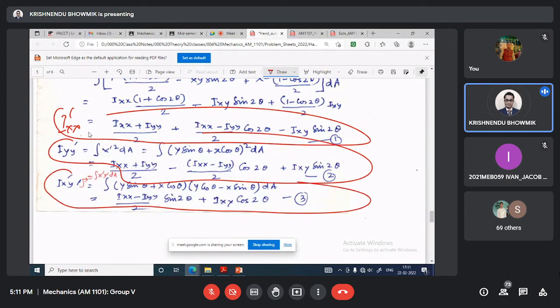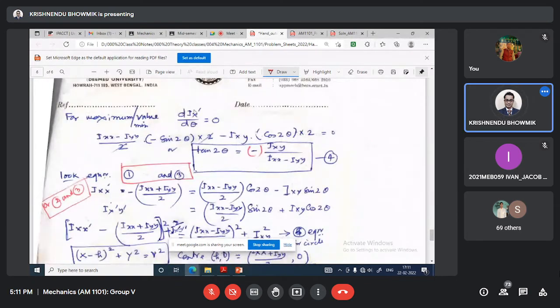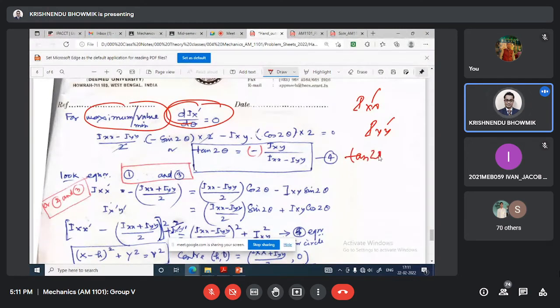Now, if you take this and this to get the maximum value, what can you do? Take Ix prime or Iy prime and do the derivative to get the maximum and minimum value. Then you will get tan 2 theta equal to minus Ixy by Ixx minus Iyy. I have written Ixx, Iyy for better understanding. Then this gives the maximum value or minimum value of Ix.